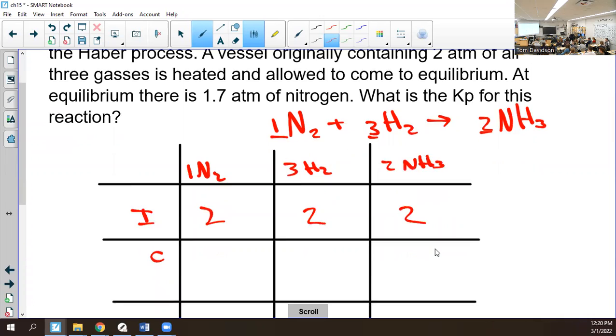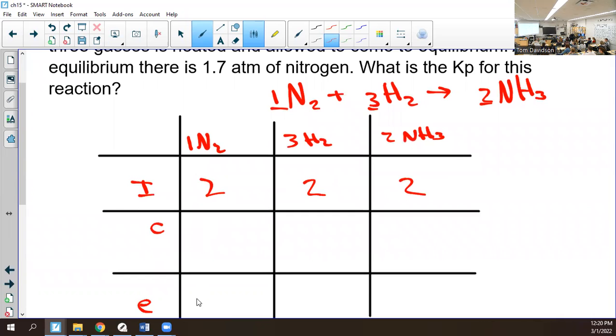All right. At equilibrium, there's 1.7 of nitrogen. Well, that's not too bad. And it's lucky. What makes this lucky that I gave you nitrogen? It's the 1. That's real lucky. So I'm going to put a minus, and a plus. The products go down. These go up. So 0.3. Then this would be 0.9.